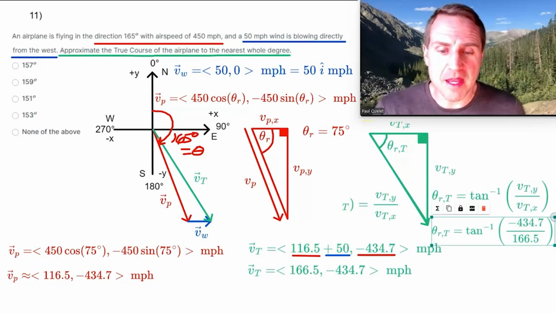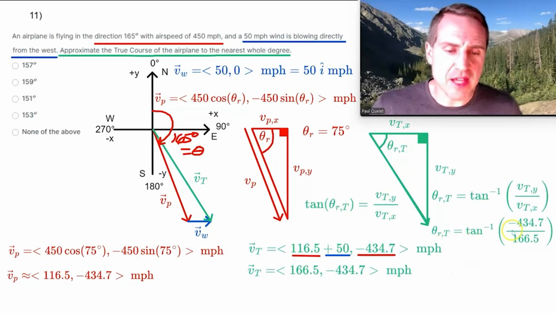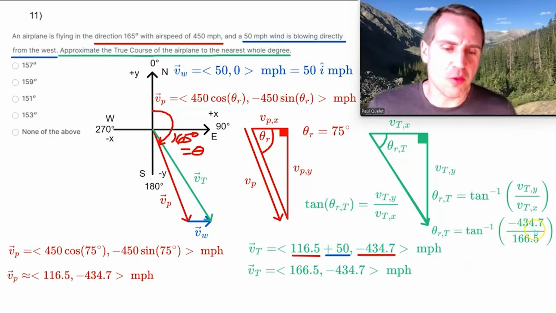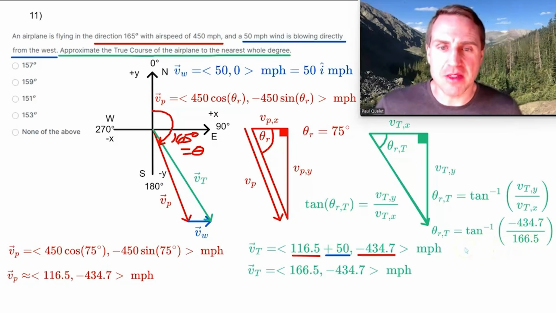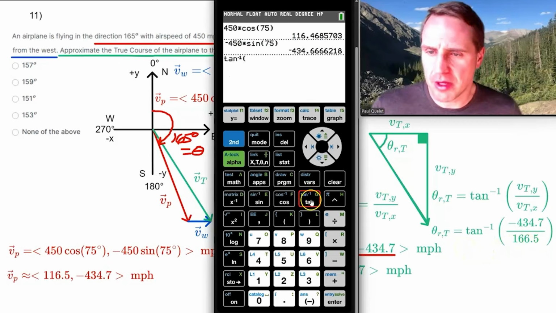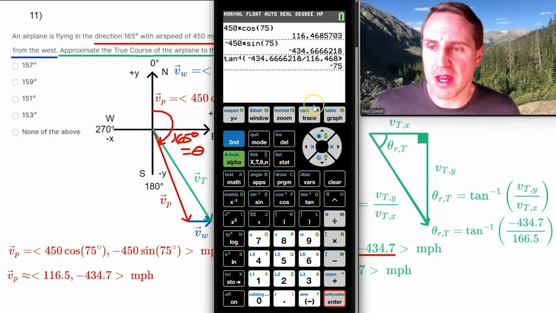So this is going to be the inverse tangent of negative 434.7 over 166.5. So let's do that in the scientific calculator. We have these already in the calculator. I can just scroll up to those numbers, click on them, divide them, and then we can get our answer.